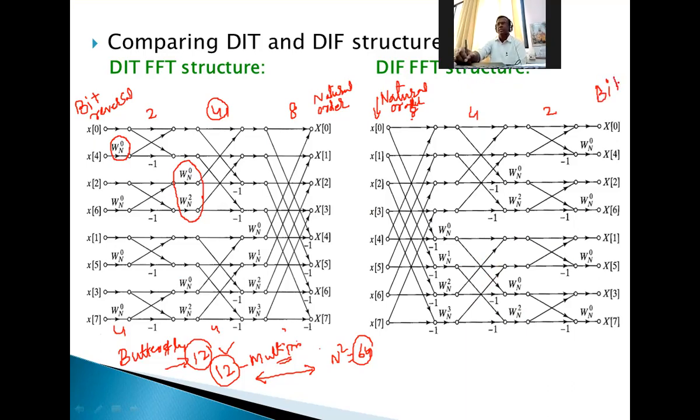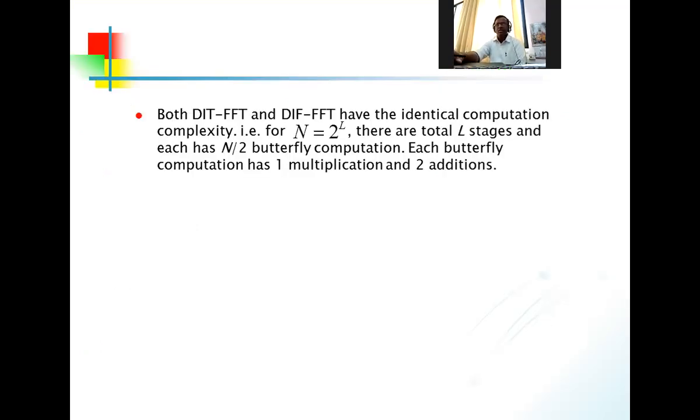This is the main difference between the DIT and DIF-FFT algorithms. In DIT-FFT, we have to apply the input in bit reversal order. For DIF-FFT, we have to apply the inputs in natural order.